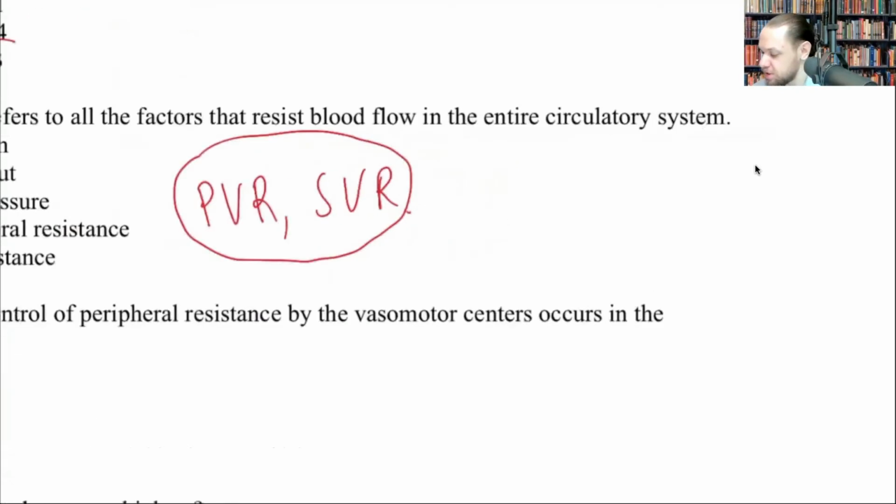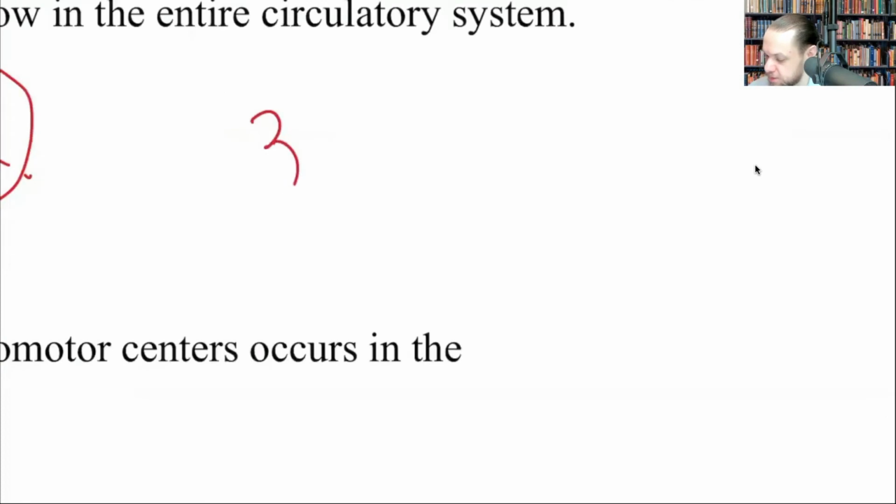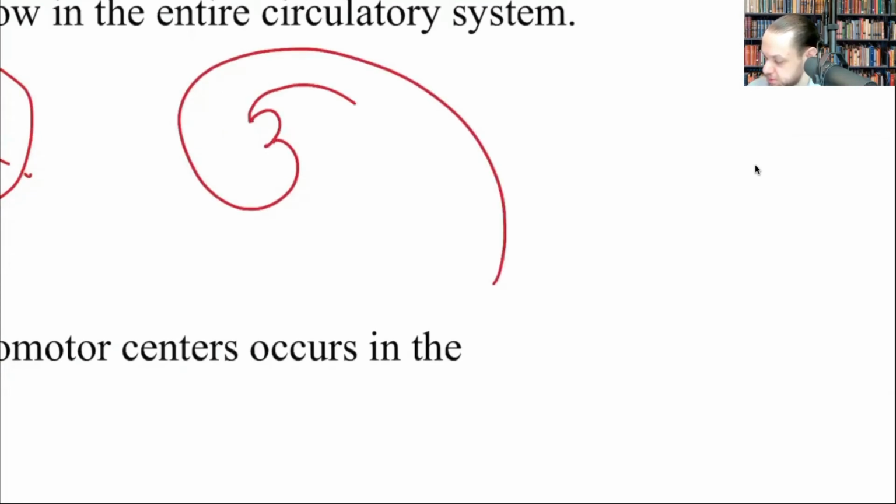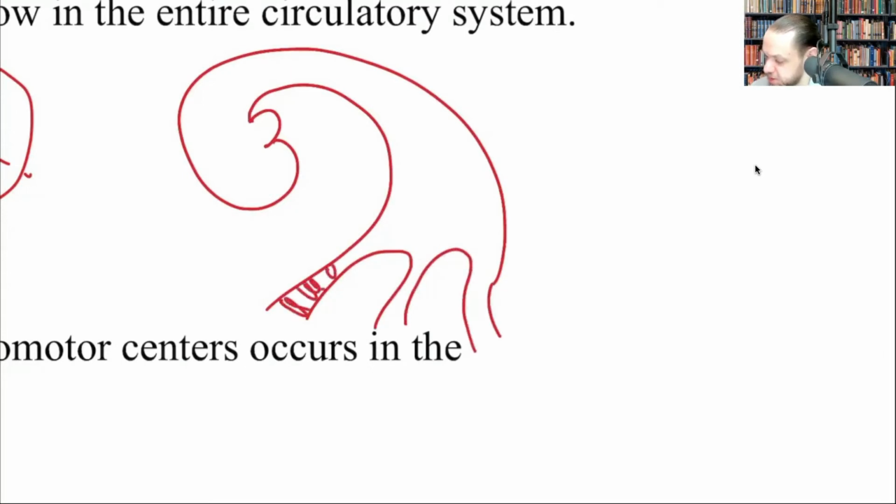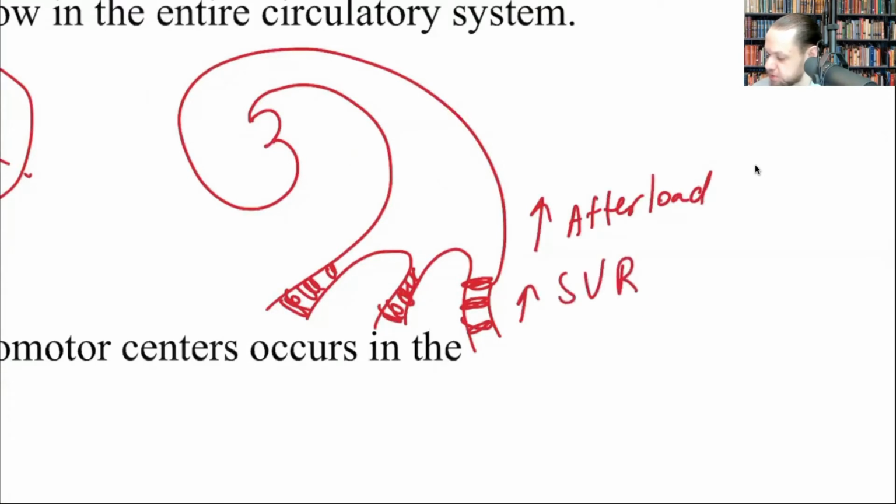Essentially, if I were to diagram this out, if this was your heart, what truly affects systemic vascular resistance are these arterioles. Arterioles have the smooth muscle to contract and narrow their diameter. By doing so, this increases my afterload, my systemic vascular resistance, and my peripheral vascular resistance.